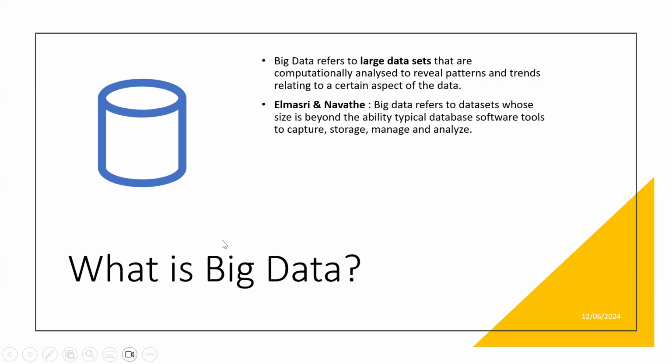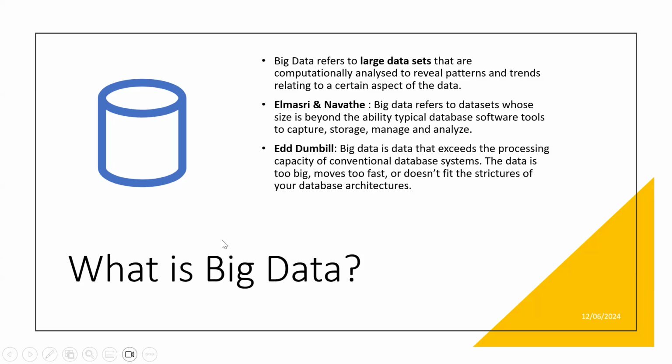Another definition, from Ed Dumbill, is that it exceeds the processing capacity of the conventional database system, which is very similar to Elmasri's definition. So the data is too big or it moves too fast, which means frequent changes or adding more data, so it will not fit the structures that we discuss in your database architecture.